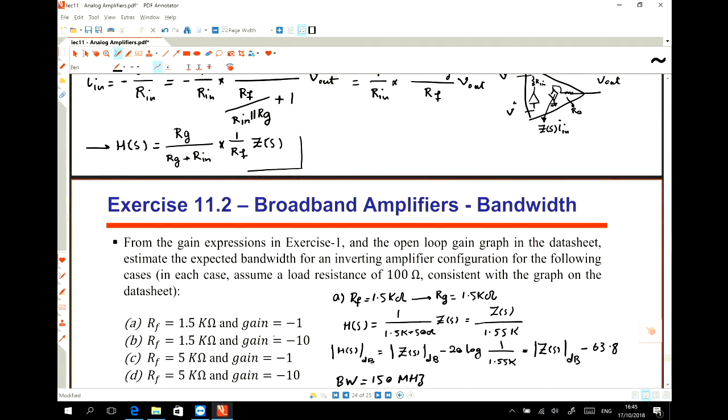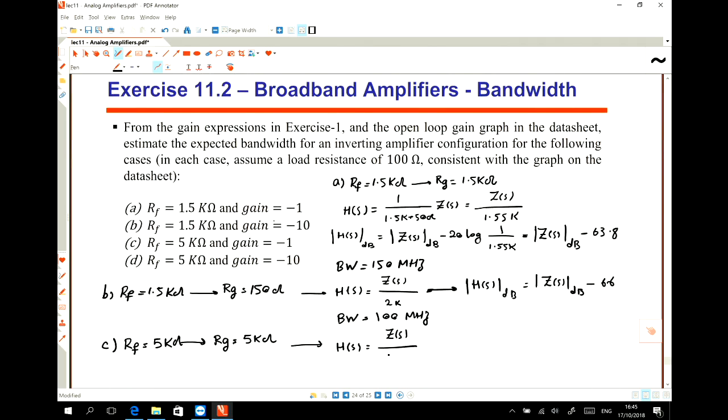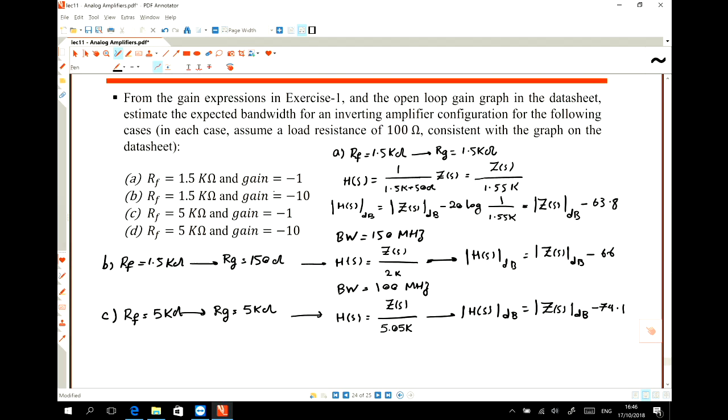If RG equals RF equals 5K and Rin equals 50 ohm, it's divided by 5.05K. And then HS in dB equals ZS in dB minus 74.1.